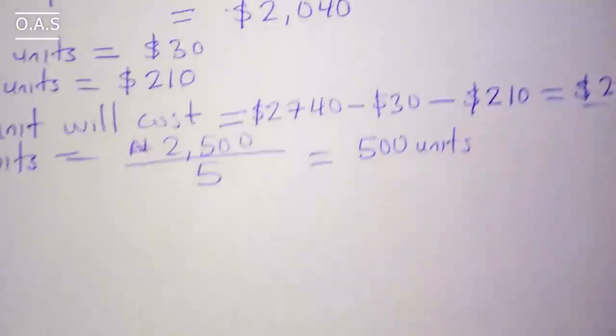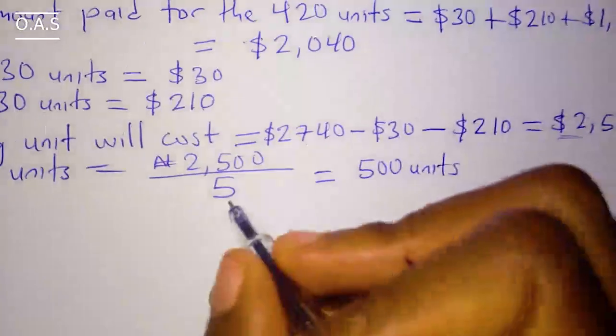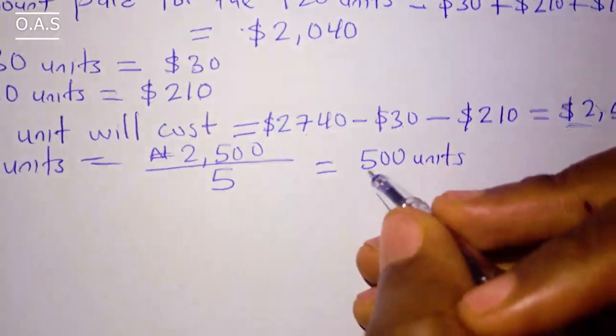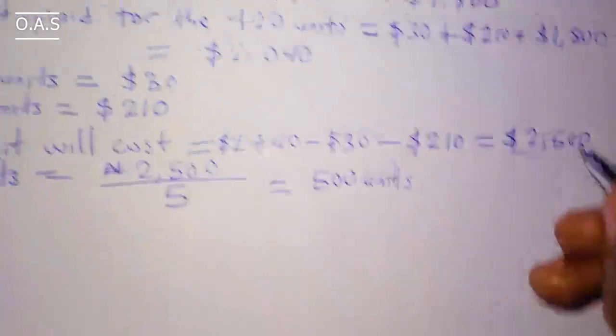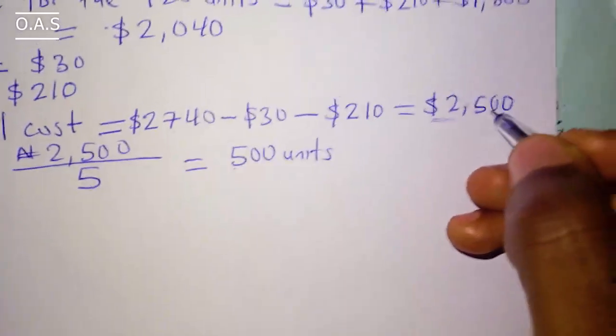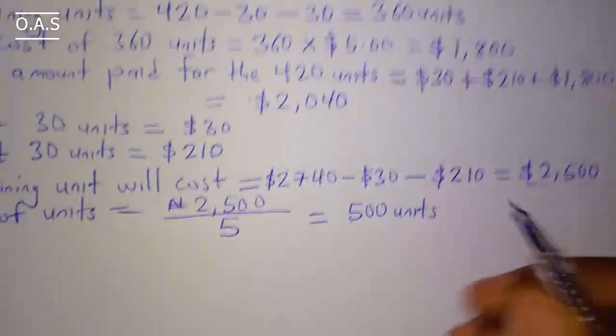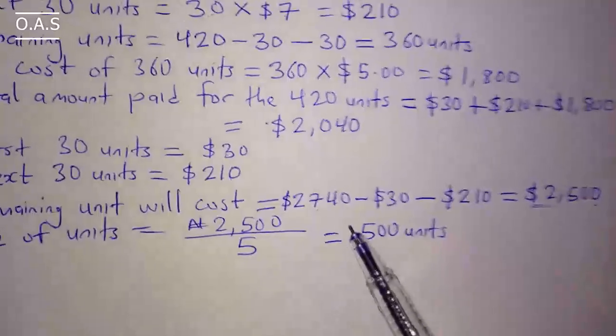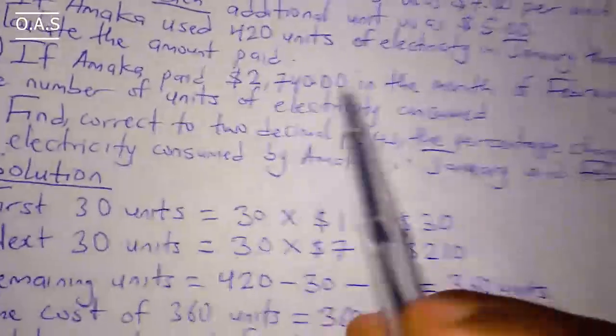So it is glaring that if she pays $5 for 1 unit and for 500 units, that's going to be $2,500. Therefore, we can now know the number of units she consumed for 2,740.